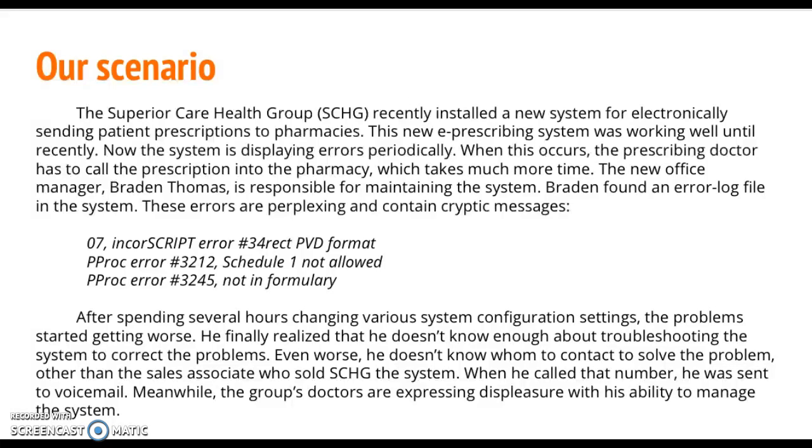And he really doesn't have the necessary tools he needs to do this effectively. He also doesn't know who to contact about this because he only has the sales rep's information, and that person is always going to voicemail, so he can't actually get that person on the phone to help him.